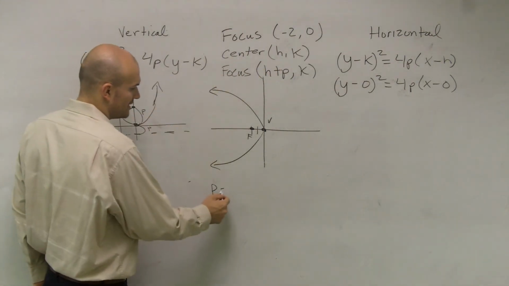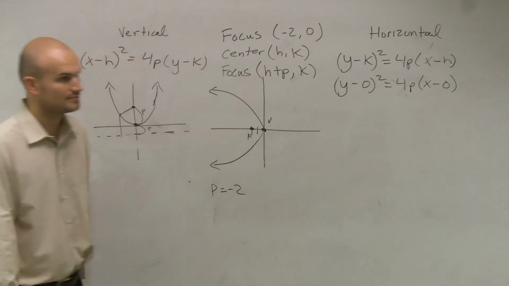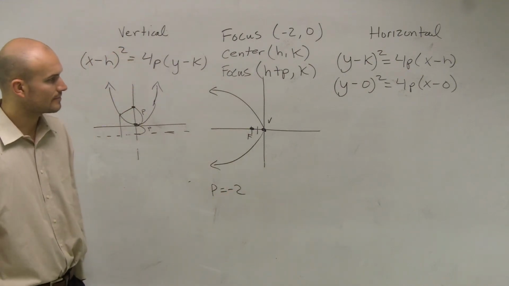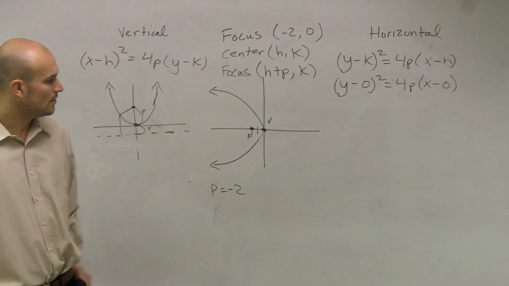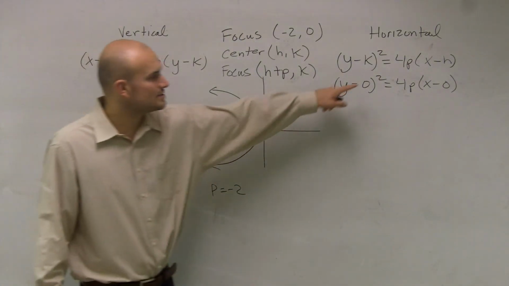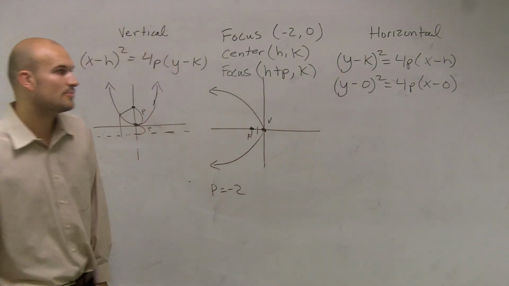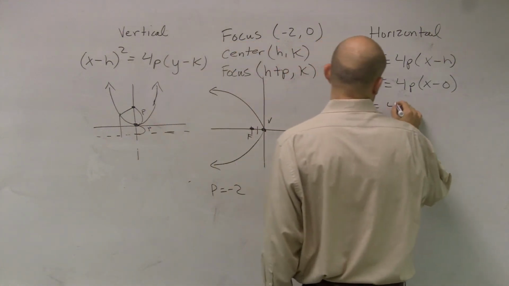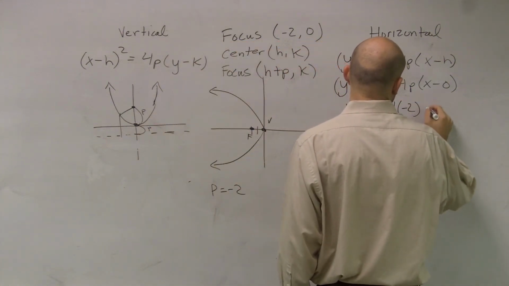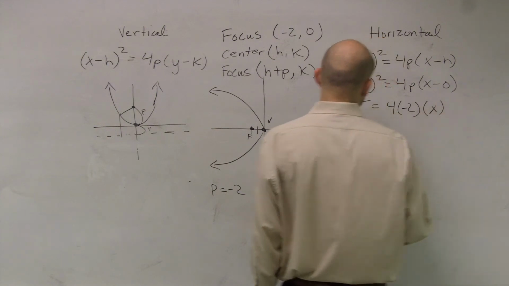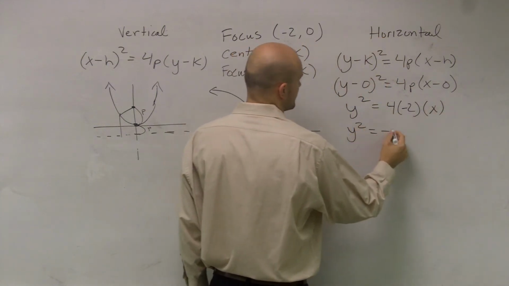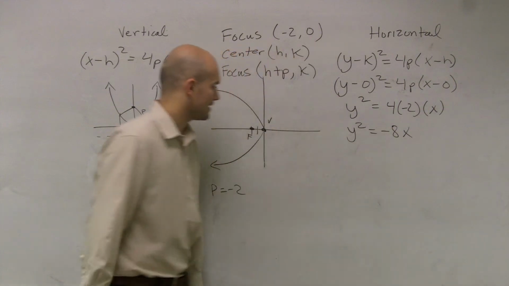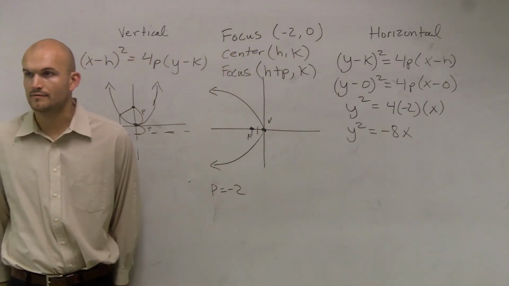So I can say p equals -2. Then I'm just going to plug in -2 for p, and I get y squared equals 4 times -2 times x. So y squared equals -8x. And that would be my final answer.